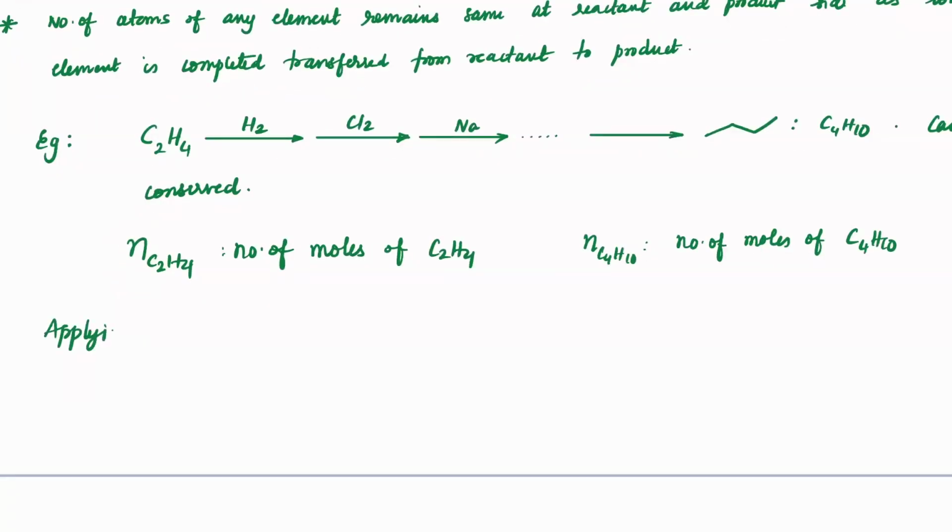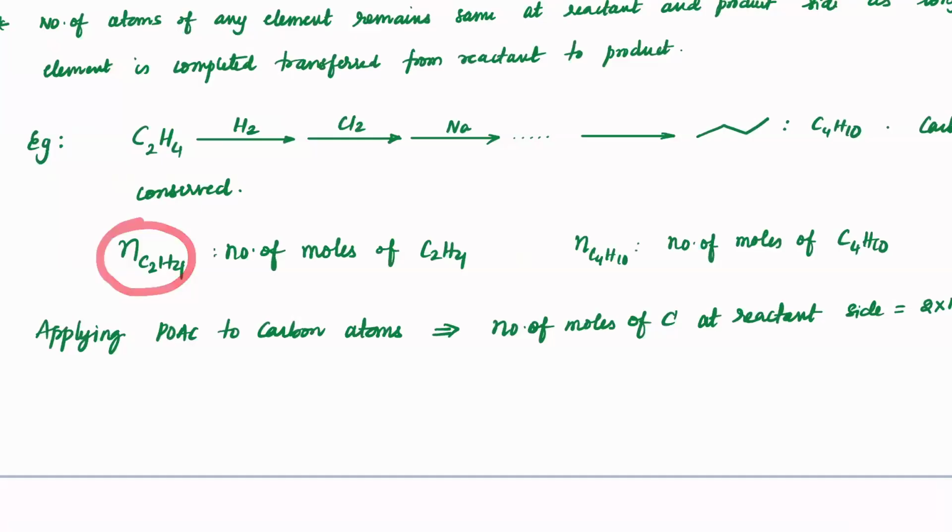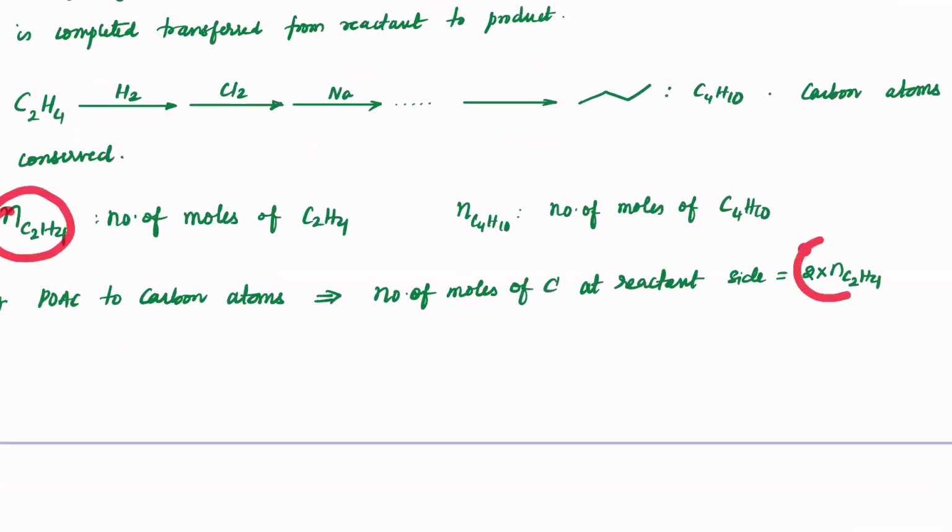So applying POAC to carbon atoms, the number of carbon atoms, or number of moles of carbon, at the reactant side will be equal to 2 times the number of moles of C2H4. I hope that makes sense, because 1 mole will have 2 carbons, so n moles will have 2n carbons.